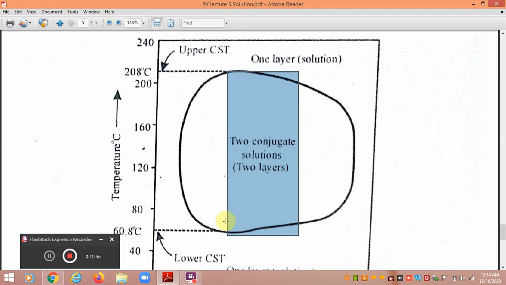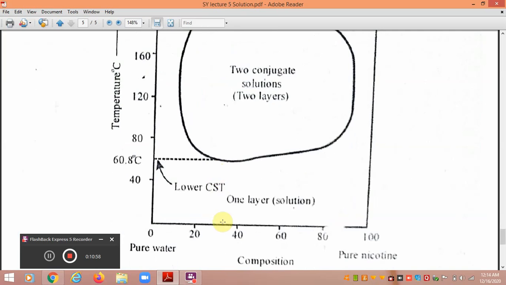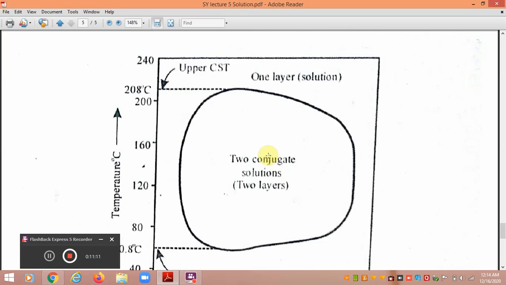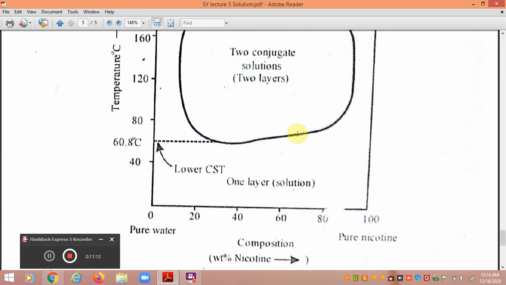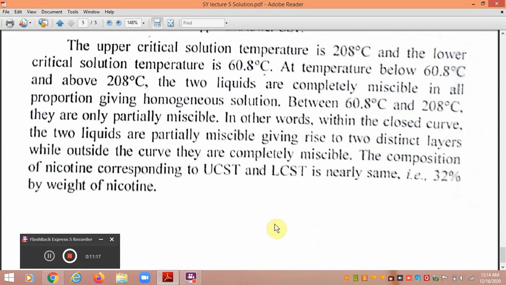Below this, at this point again, the two conjugate solutions will be completely miscible with one another, and this is the minimum of the curve. That's why it's called the lower critical solution temperature. Here the system is homogeneous, and below this line also the system is homogeneous. That's why this system is said to have an upper critical solution temperature and a lower critical solution temperature.